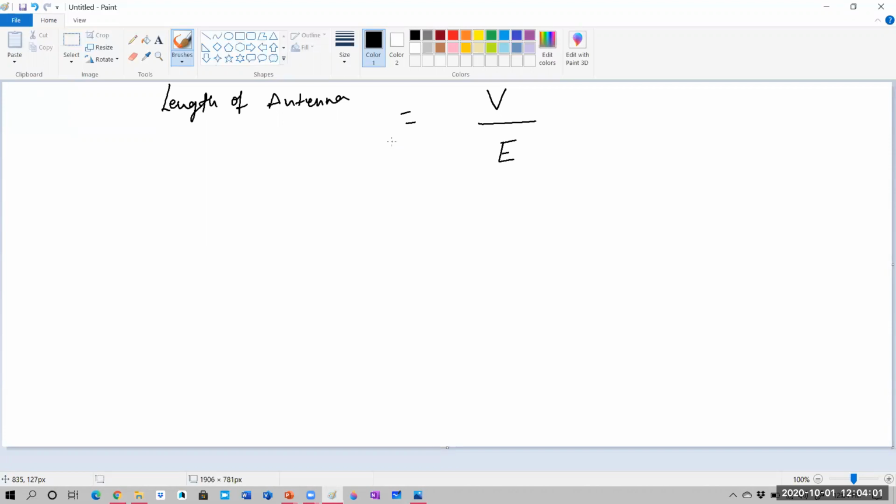Normally we speak of another parameter, antenna efficiency or aperture efficiency.